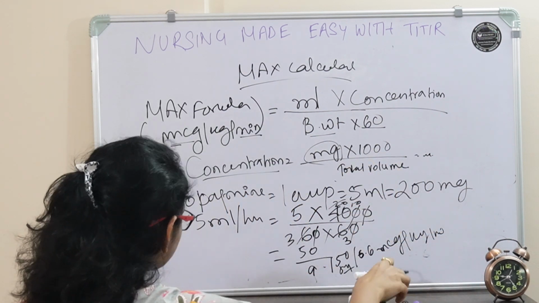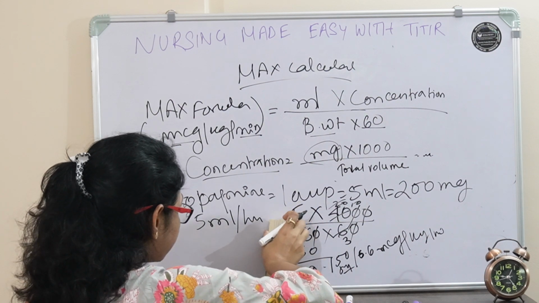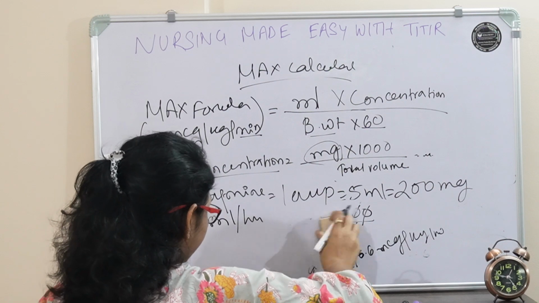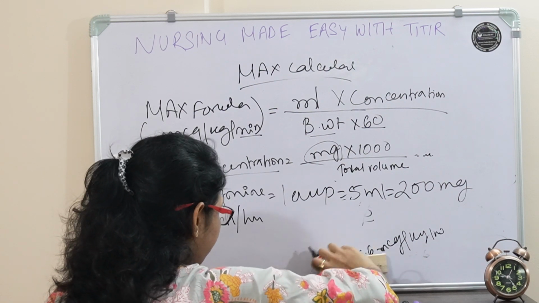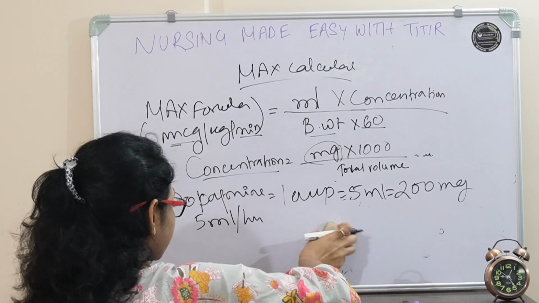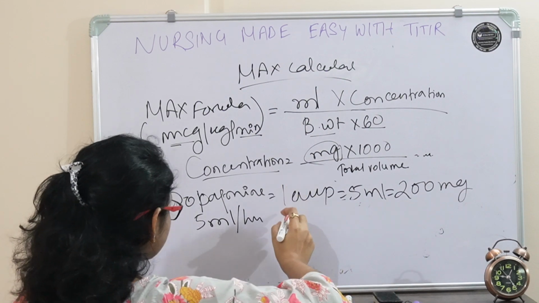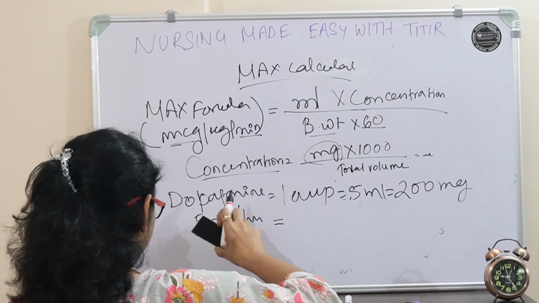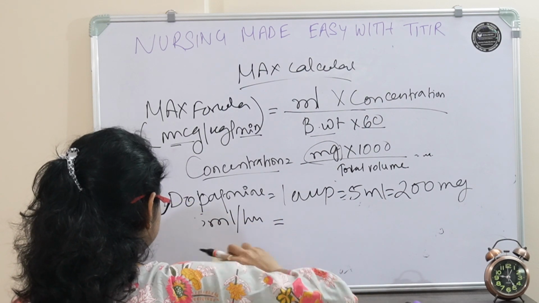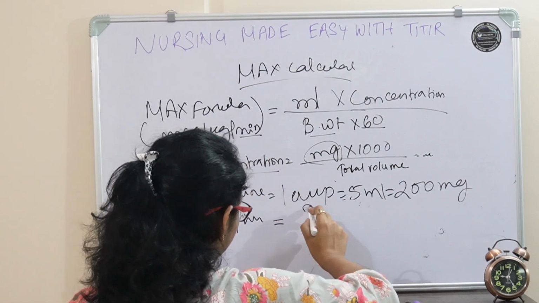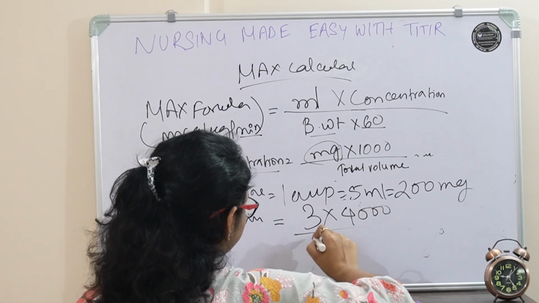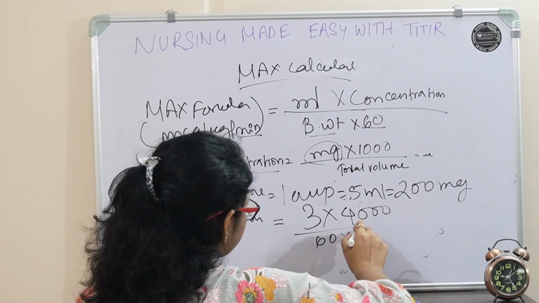Okay. Now again we need to titrate the dose, and now we will reduce the dopamine dose to 3 ml per hour. So let's calculate the max dose for that. Now it is reduced: 3 into concentration 4000 divided by 60 into 60.